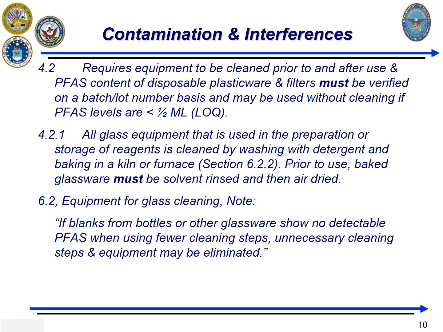The method specifically states that glassware has to be cleaned by washing with detergent and baking in a kiln or furnace, and that prior to use, the baked glassware must be solvent rinsed and then air dried. There is one caveat for this requirement, and that's stated in section 6.2, that states that if blanks from bottles or other glassware show no detectable PFAS when using fewer cleaning steps, unnecessary cleaning steps and equipment may be eliminated from the process.